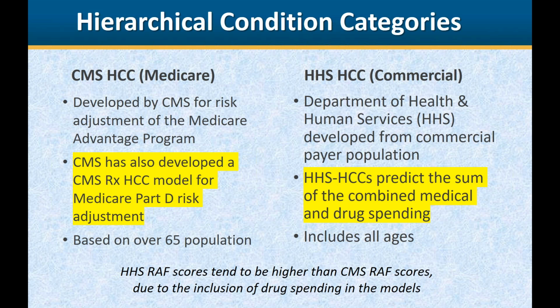There's a separate HCC model for the drugs, whereas Health and Human Services, which also has risk plans, includes the drugs. So routinely, the HHS risk scores are going to be higher than the CMS risk scores for that reason, because they include the drugs.